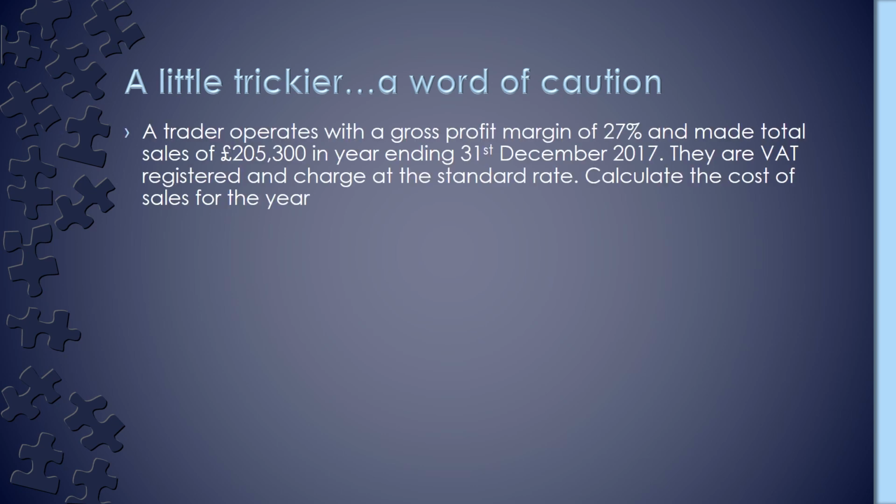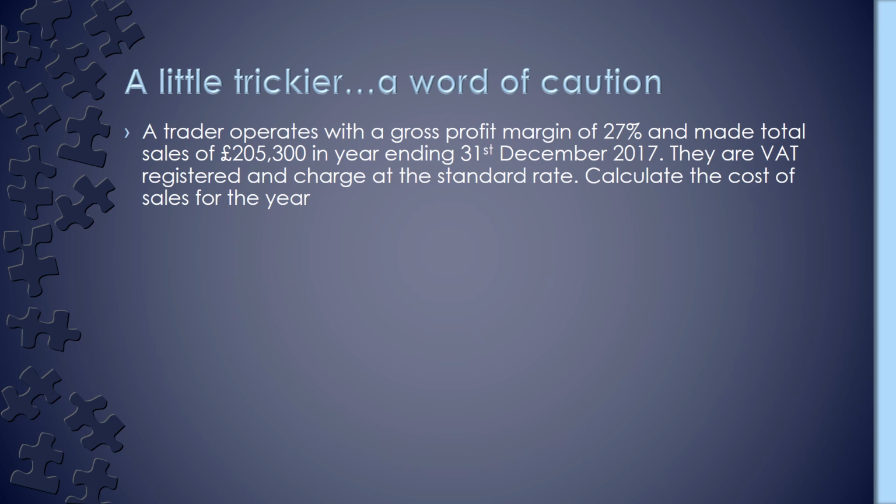So here we have a question. A trader operates with a gross profit margin of 27% and made total sales of 205,300 in year ending 31st December 2017. They are VAT registered and they charge at the standard rate. Calculate the cost of sales for the year.